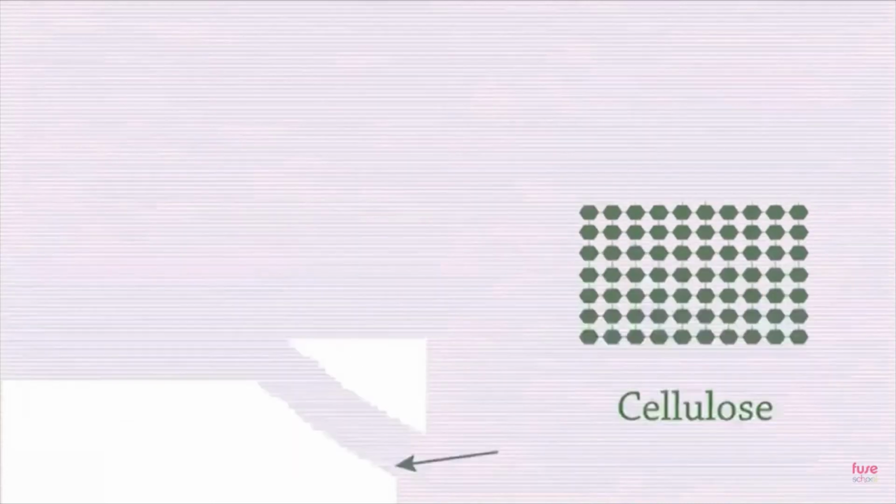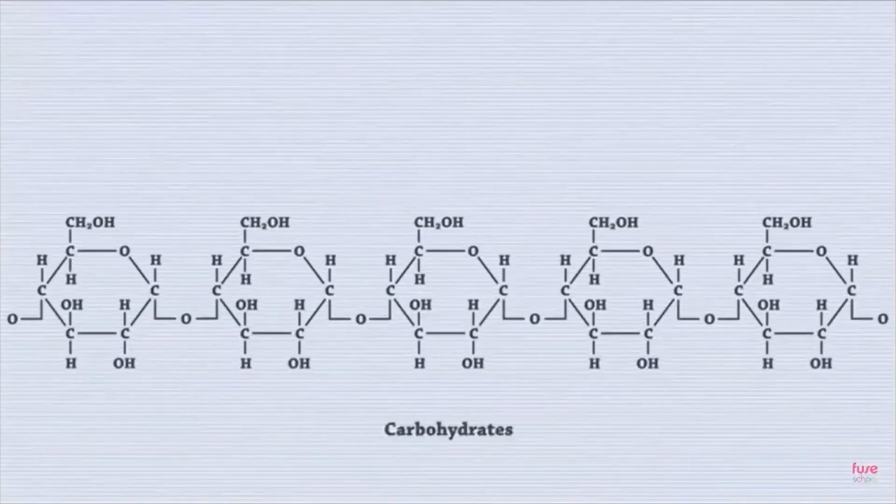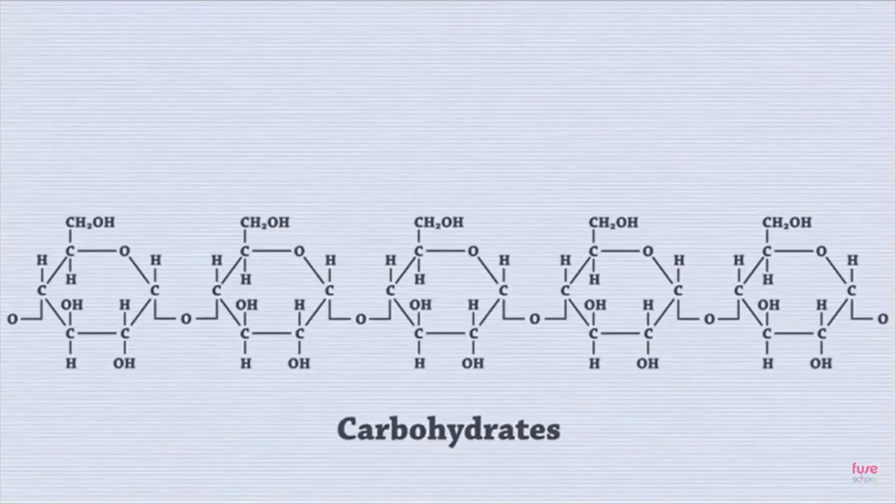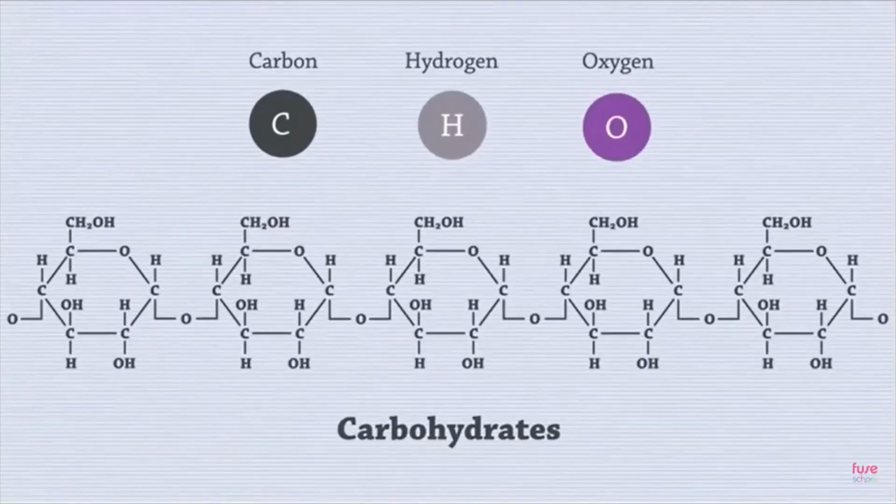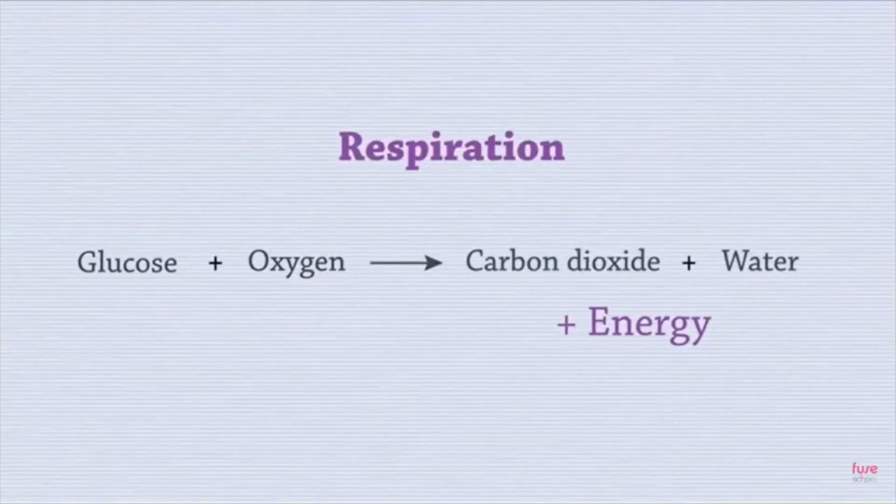These are cellulose fibers. In summary, these carbohydrates are polymers of simple sugars, made of carbon, hydrogen, and oxygen atoms, which provide fuel for living organisms. The energy is transferred when the sugars react with oxygen during respiration.